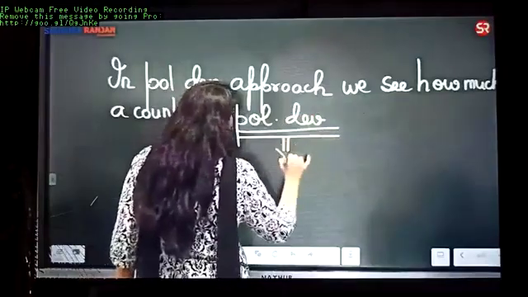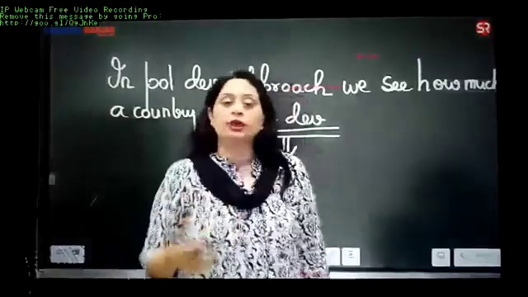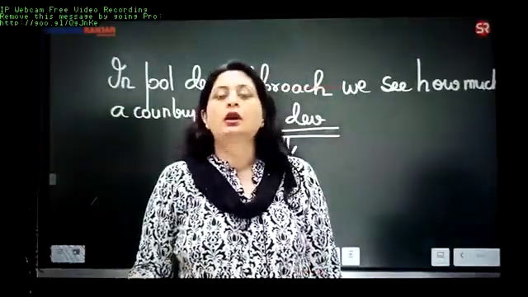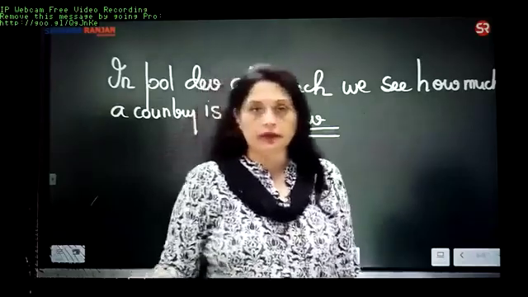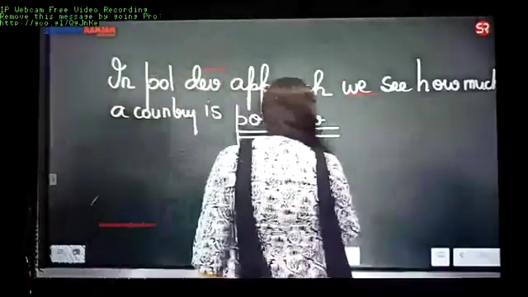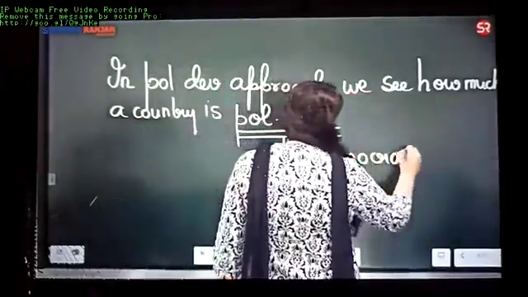So we are not seeing how much a country is economically developed. We are seeing how much a country is politically developed. When you say a country is politically developed, it denotes democracy. Okay?